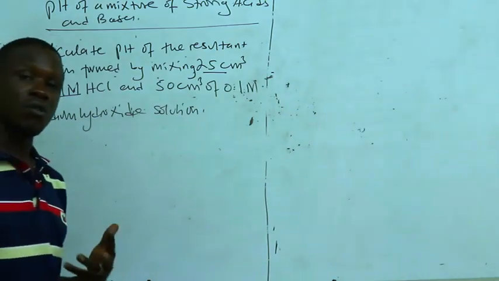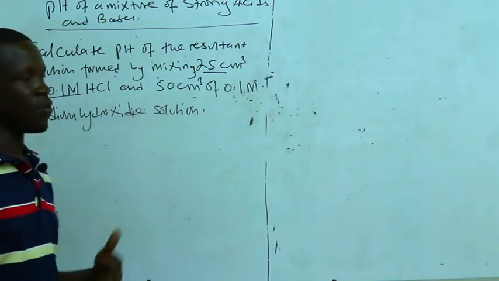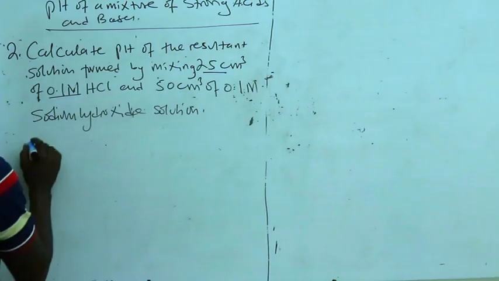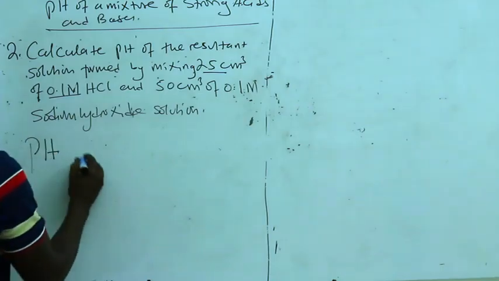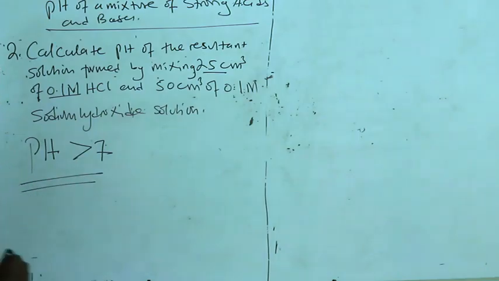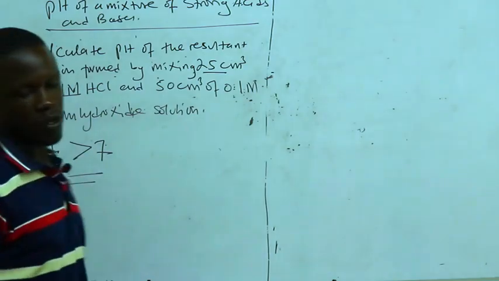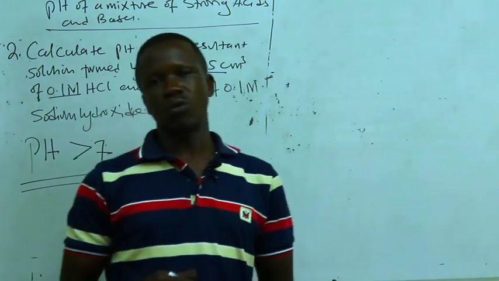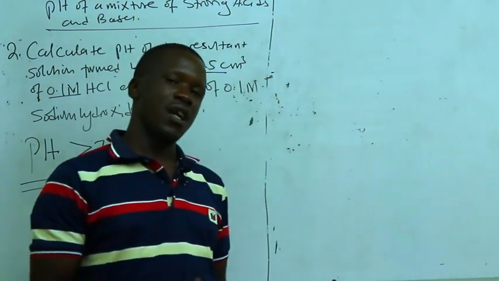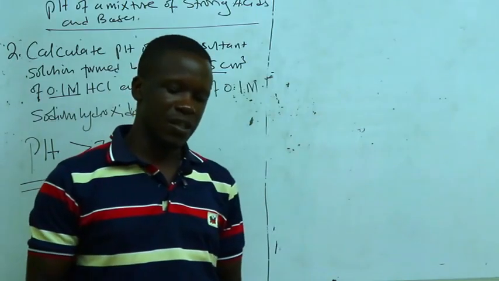And yet by mole ratio, it has to be 1:1 for neutralization. So in the end, the pH must be greater than 7, since the hydroxyl ion concentration is greater. And so you will try out the answer following the procedure of the one we've just done, and then you will be able to get the answer.